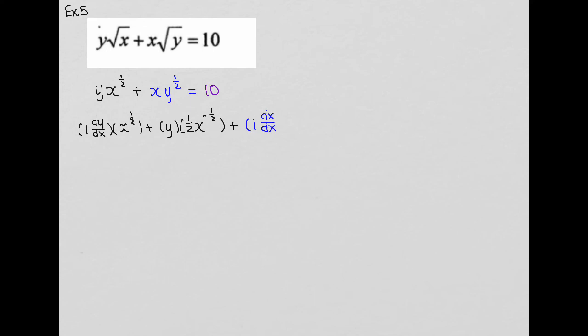Once again, because dx over dx is 1, you don't need to write it. And times y to the half, plus u, which is x, and v prime, which is differentiation of y to the power half. So you bring down the half, y to the power negative half. You differentiate the y term with respect to x. And the constant becomes a 0.